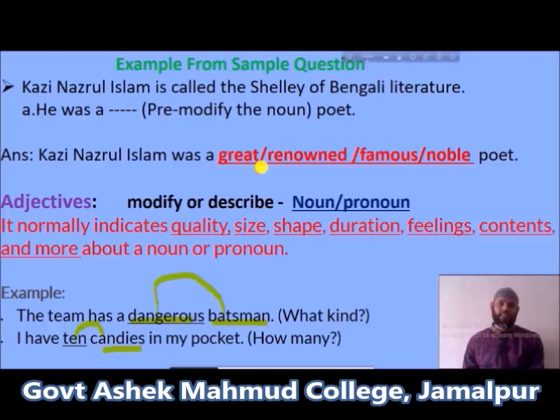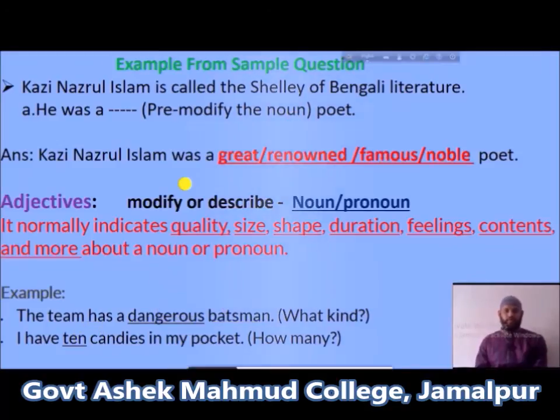Different students' answers may be different, so your answer may vary, but what you should remember is that to modify a noun, you must use an adjective. Here, great, renowned, famous, and novel are all adjectives. So now I think it's very clear to you. To modify a noun, we must use an adjective.